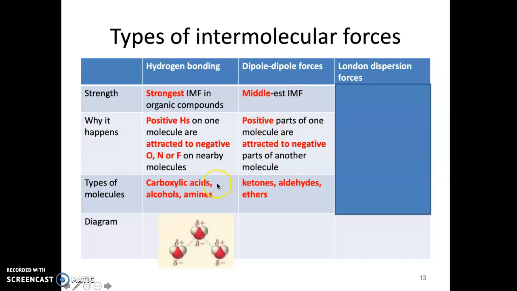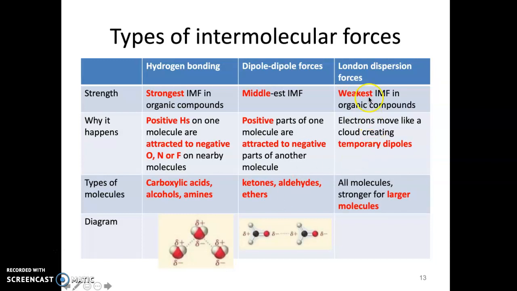So these are very similar to hydrogen bonding, except they don't have a hydrogen bonded to oxygen, nitrogen, or fluorine. Okay, so it's still like a dipole on the molecule that sticks to other molecules, but it's not the hydrogen that's involved. Okay, so ketones, aldehydes, and ethers are examples of molecules that will do dipole forces.